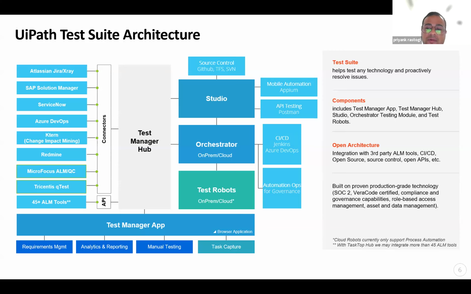Now, whenever a developer makes any change to the existing RPA robot in Studio, once they commit the changes, those changes will go to the version control, let's say GitHub, and GitHub will trigger those changes to Jenkins and say, for this project, I got the changes. So you need to test it because a code change is made. Jenkins already has some stages for testing.